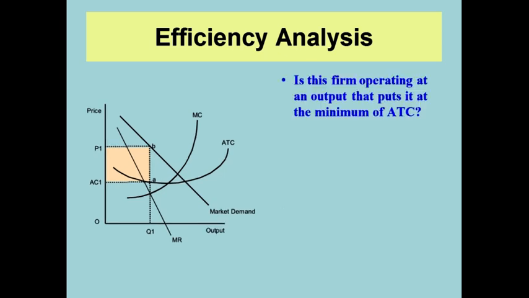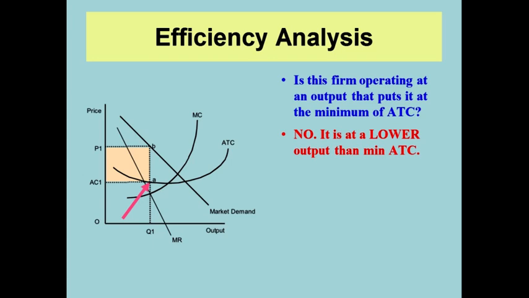Let's ask the same question. Is this firm, the monopolist, operating at an output that puts it at the minimum of average total cost? Take a second and decide. Well, no. What we see is that it's at a lower output than being at minimum average total cost, right? This monopolist is operating at Q1, but that's not where average total costs are minimized. So the pink arrow shows us where the monopolist is operating, but what do you know?